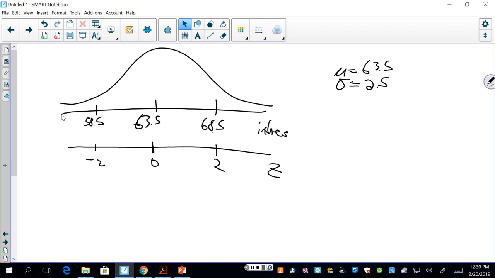Right? And if about 95% of the area is between plus or minus 2, and we want to find out what the chance is that a woman is greater than 68.5 inches in height, you usually do these things by a little bit of reasoning about the areas.